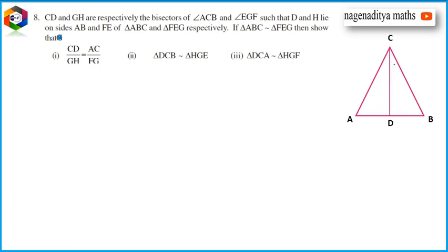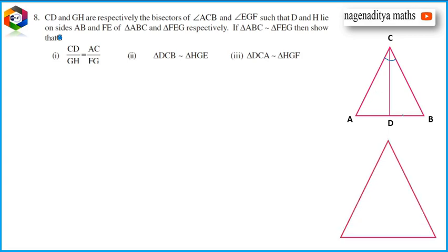That means this is the total angle C. So this angular bisector CD bisects the angle, that means angle ACD is equal to angle BCD. Both angles must be equal. So this is called the angular bisector of triangle ABC for the angle ACB.